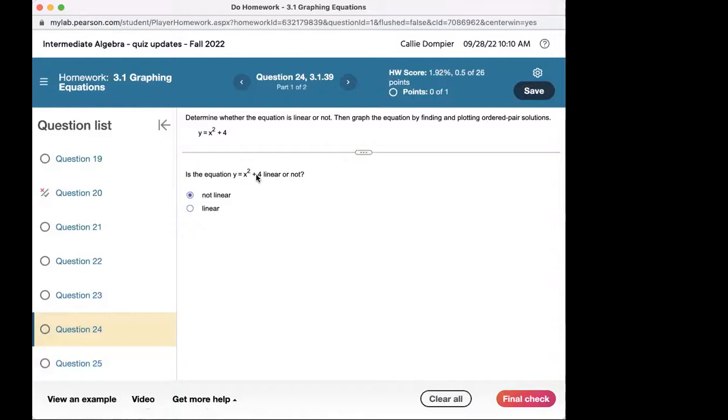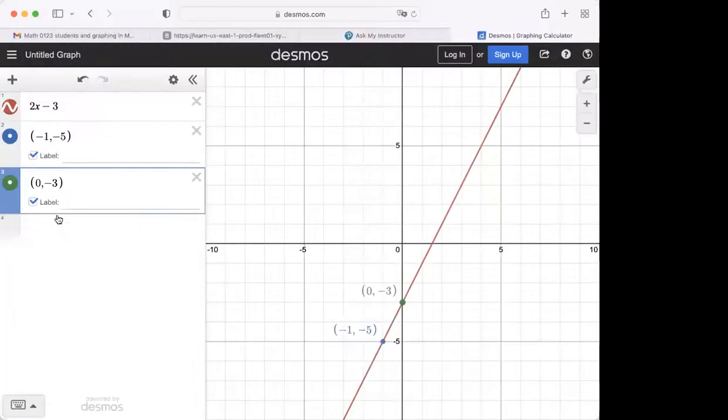Here we have x squared plus 4. Remember, if your x is squared, it's not going to be a line, but you can check that on Desmos.